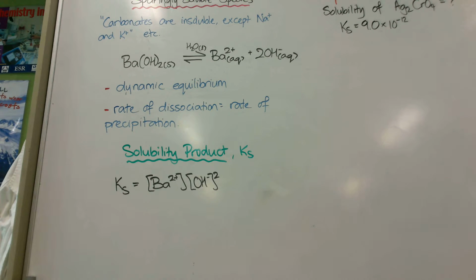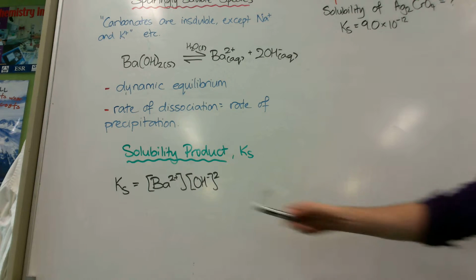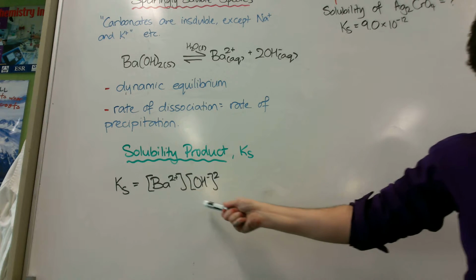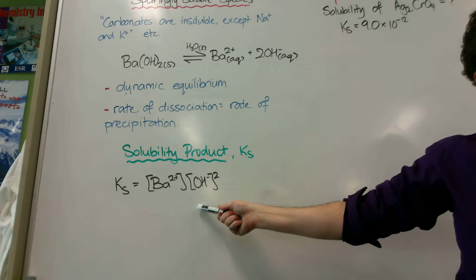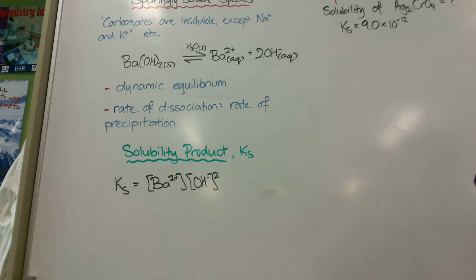But solubility, we need to know, is always given in moles per litre because it's linking back to these here, which are concentrations. So it always goes back to moles per litre. Then you'd have to use your NCV and your NMM triangles to try to get back to grams per litre and that sort of thing, if that's what the question was asking. So you still need to remember these relationships.